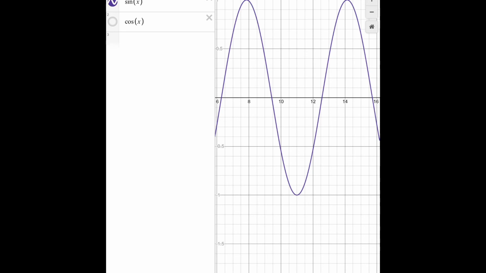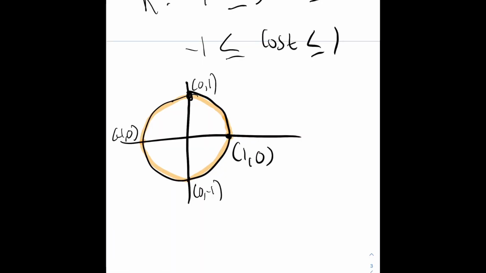And so when it repeats like this, now if we think about a circle, and again, if we added more information, this is 0, this is pi over 2, this is pi, this is 3 pi over 2. And then when we get all the way back, it's 2 pi. So we know that it's 2 pi radians to get all the way around our circle.